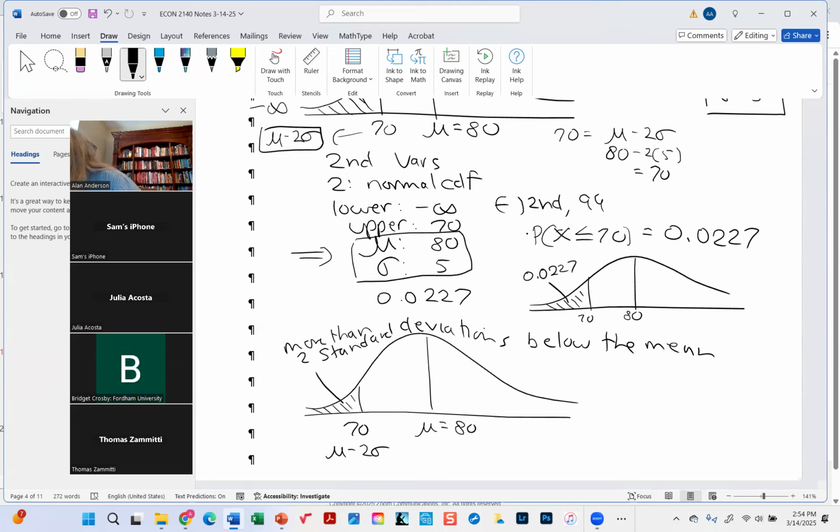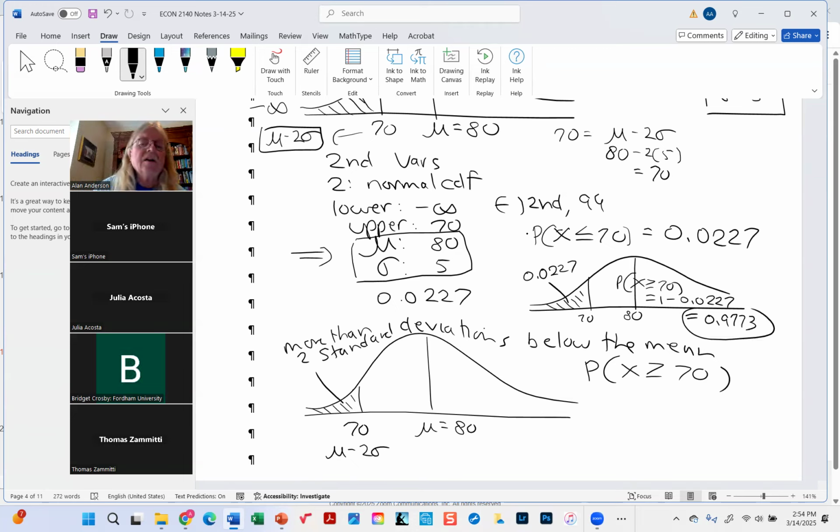That means that if I need to know the probability of X being greater than 70, it will equal 1 minus 0.0227, and that will equal 0.9773. Why is that? Because the total area under the curve is equal to 1.